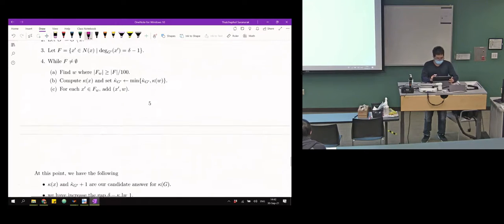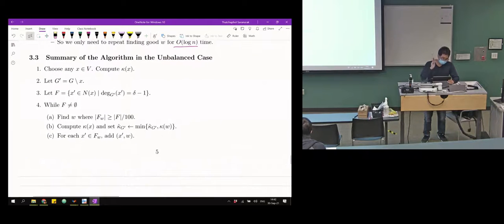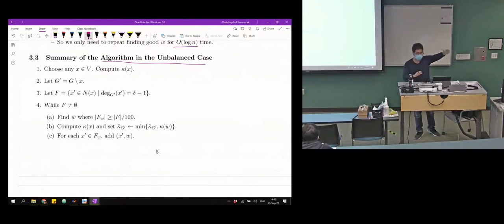So now the algorithm is just here. This is the algorithm for the unbalanced case, which you should think of as a reduction to the balanced case. You should start by assuming that the graph's min cut is unbalanced, and try to fix it somehow. So what you do: choose any node X, compute kappa X, and remove it.